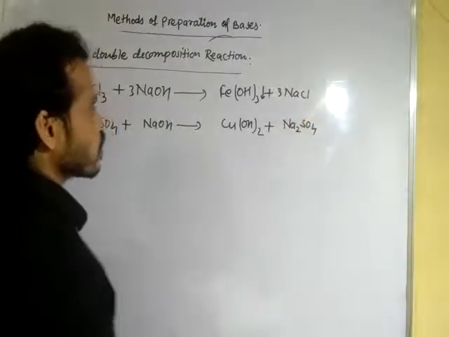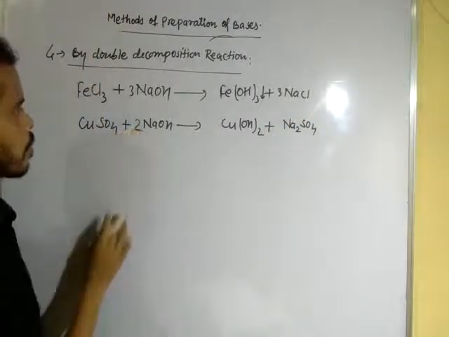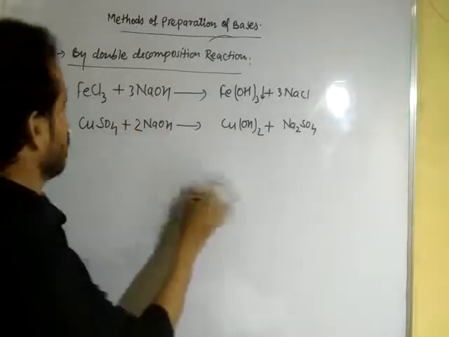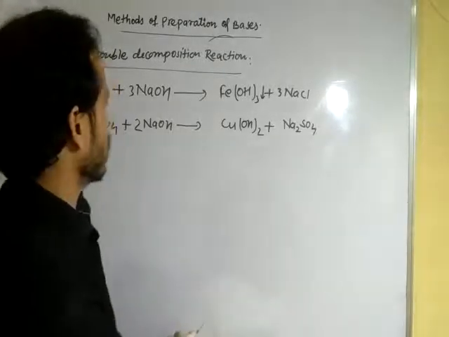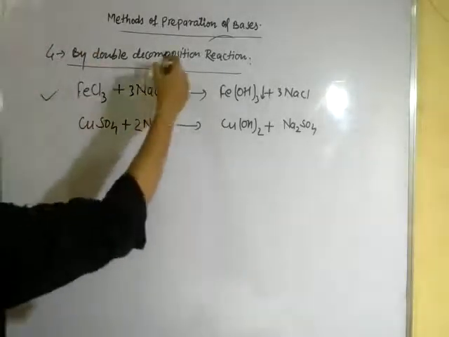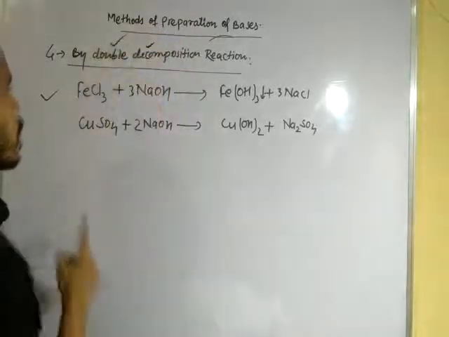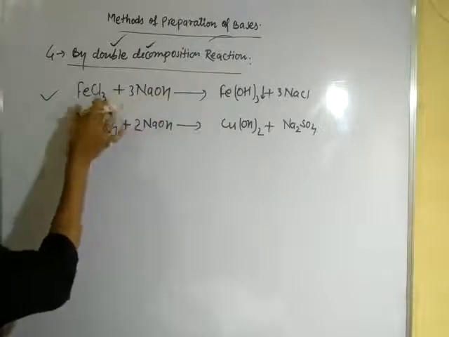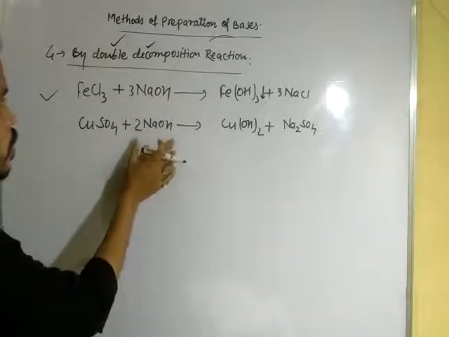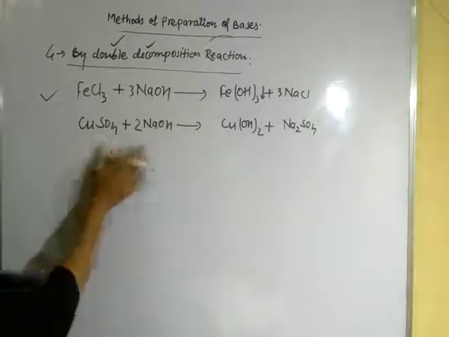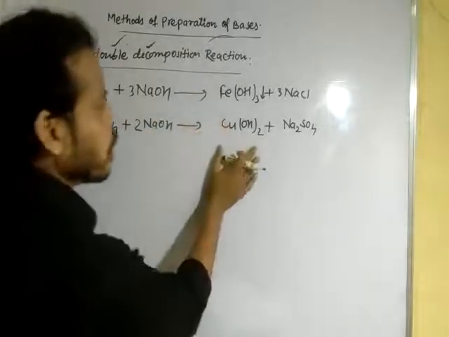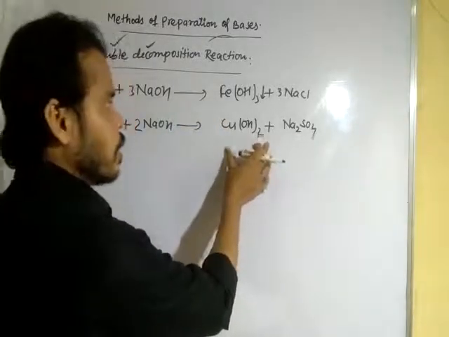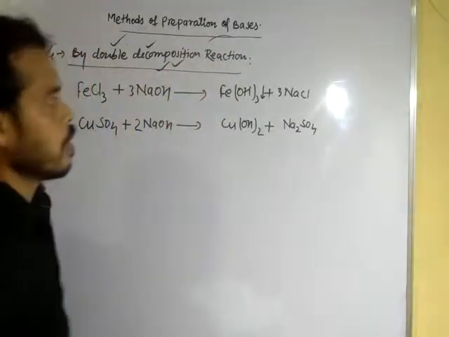To balance this reaction, multiply sodium hydroxide on the left hand side with 2, and the reaction is balanced. These reactions are known as double decomposition reactions because both substances decompose and their ions are exchanged to form the products.